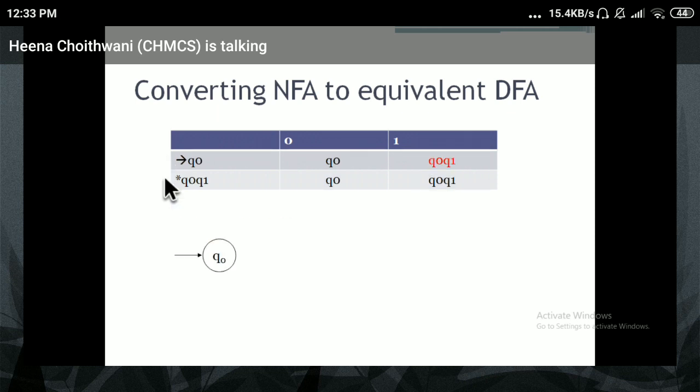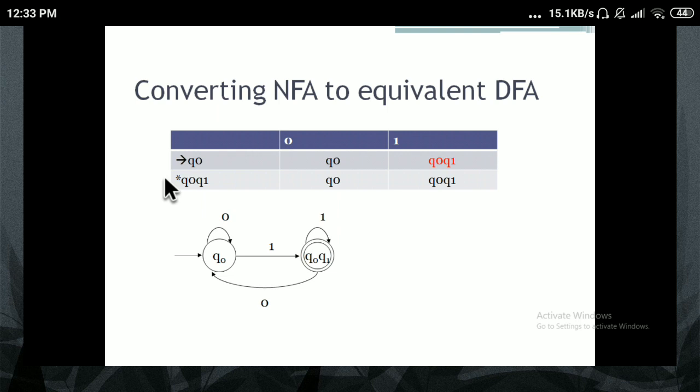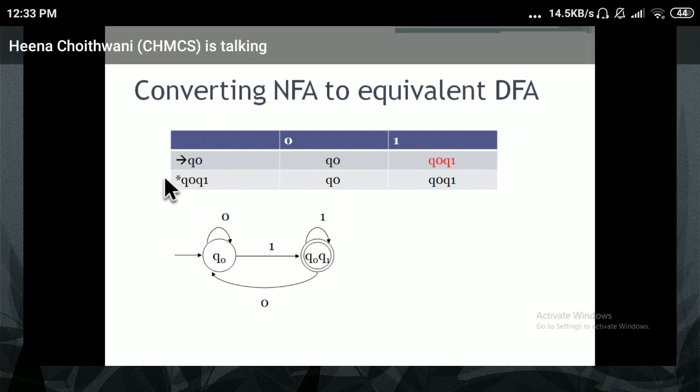But how will it look in the transition diagram? If you draw the transition diagram, one more state Q1 will come here with a loop. But there will be no transition to that state, right? We cannot reach the Q1 state. So why draw this? Is it clear why we are not considering Q1 here?